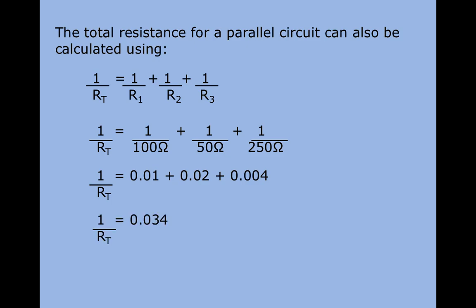Add them together, but notice that this is 1 over the equivalent resistance. I need to calculate the equivalent resistance. So I'm going to take the inverse of 0.034, which gives me an equivalent resistance of 29.4 ohms, which is exactly what we got when we calculated it using Ohm's law.